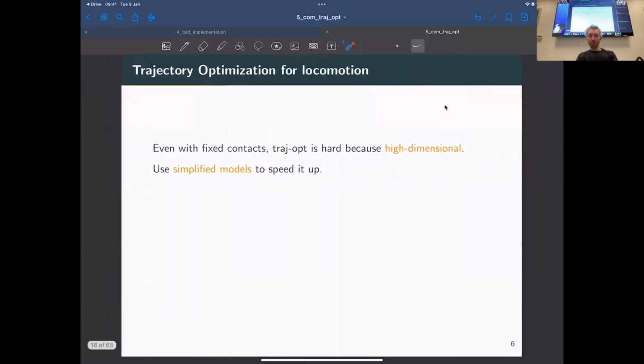So what people have done in my community is to rely on simplified models. The idea is that if you're able to figure out a model of the system which is lower dimensional and maybe even linear would be ideal, then we could use that to do trajectory optimization super fast and compute reference trajectories for the robot in a matter of milliseconds.